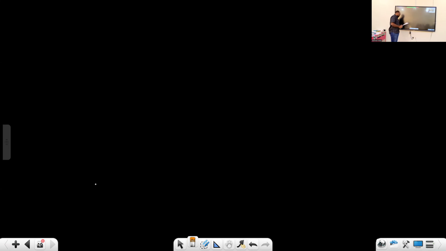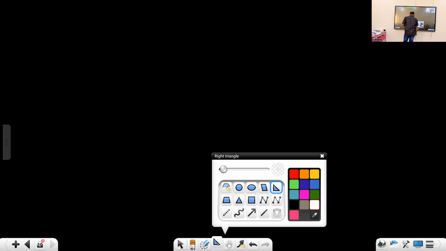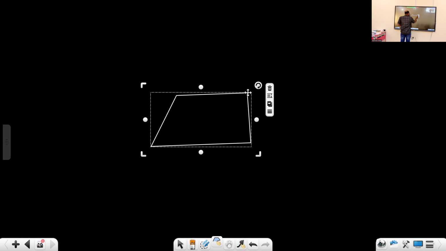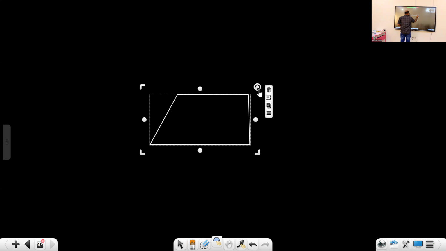From a metallic piece in the shape of trapezium. Trapezium is coming like this.